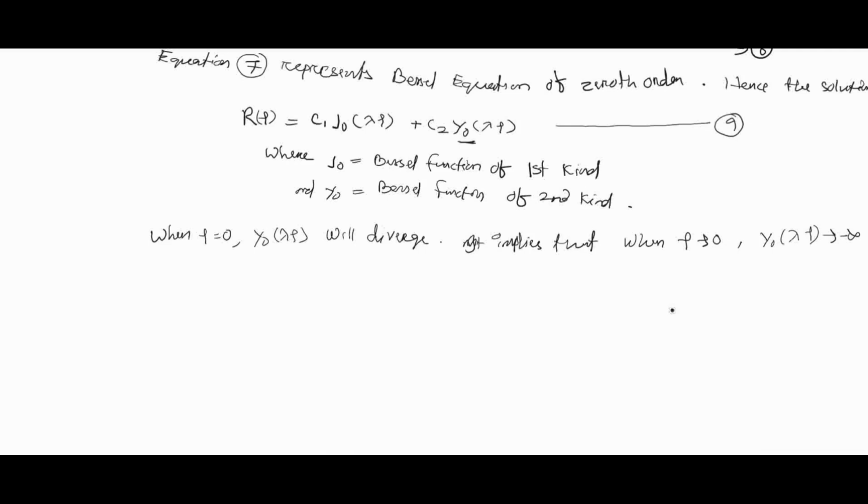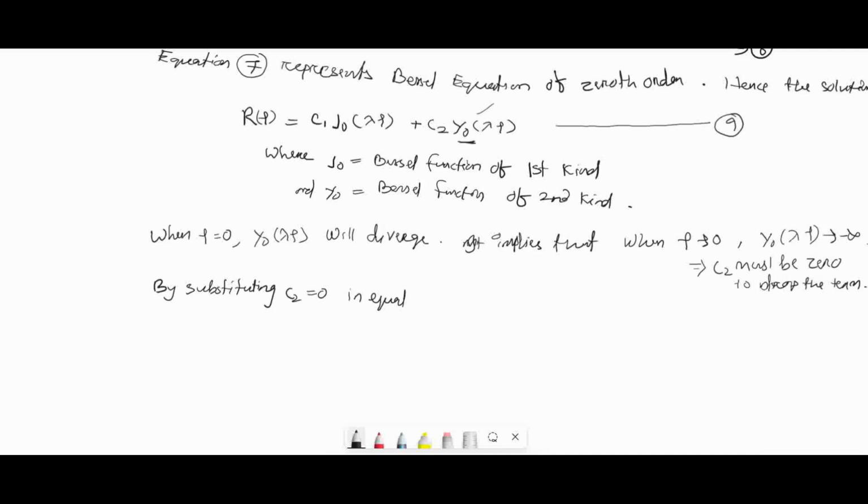So by substituting C2 equal to 0 in equation number 9, we get R(ρ) is equal to C1 J0 of lambda ρ.